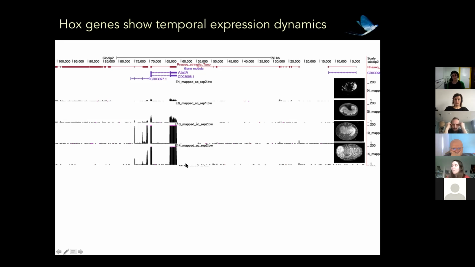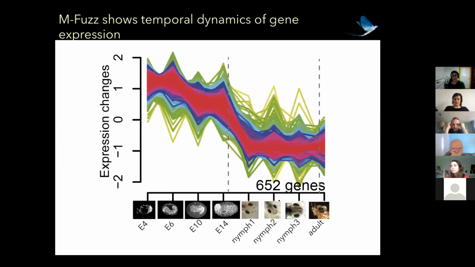But of course, this is just one case, and we wanted to do it in a more genome-wide way. For that, we used another type of analysis, which is called Mfuzz soft clustering. This clustering allows us to profile genes that are expressed along our different samples. For that, we used the 4 embryonic samples that we have, 3 nymphal stages, and also the adult.